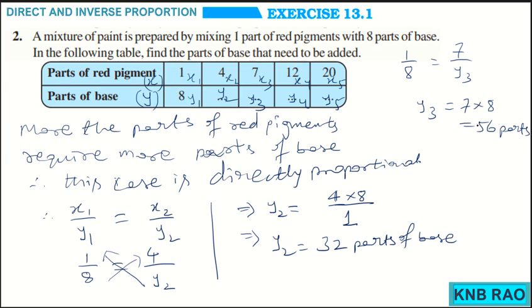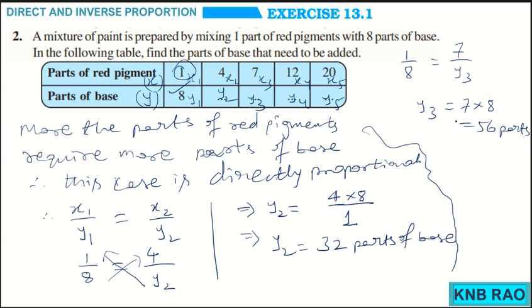In the unitary method, I know the cost of 1 unit, let us say 8, then the cost of 4 units I can find, cost of 7 units, cost of 12 units, with the help of the cost of 1 unit. Here, without finding that unitary value, we could straight away find how many parts are required.